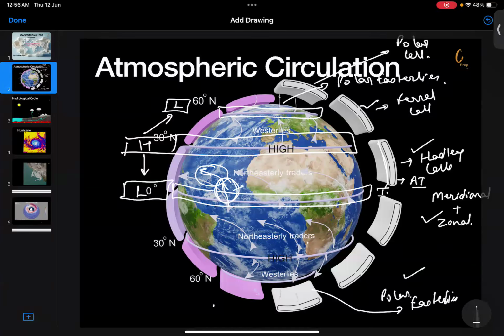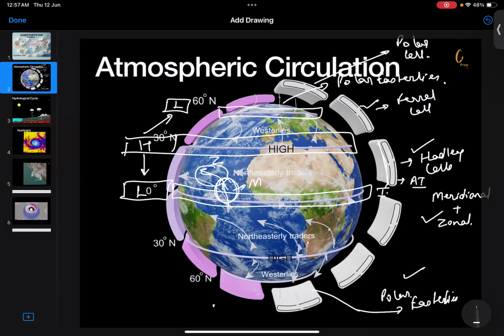Sorry, this is the meridional component, and this is the zonal component which is added here. Because of this, the wind's movement and the complete system becomes both meridional and zonal in nature.